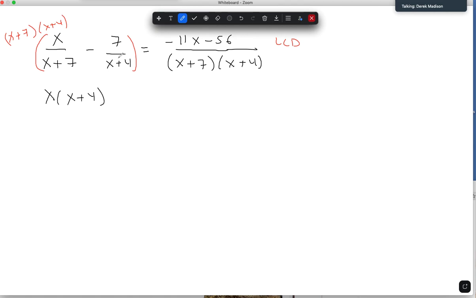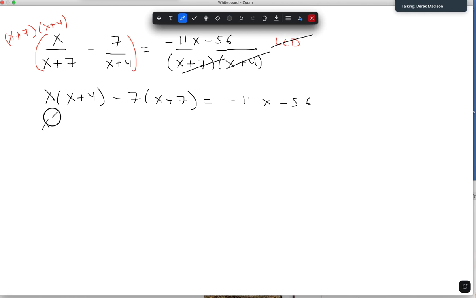And then here the plus 4s cancel, so I have minus 7 times x plus 7. And then there, everything cancels, leaving negative 11x minus 56. So same kind of structure, so I'll distribute this out and get everything over to 0.